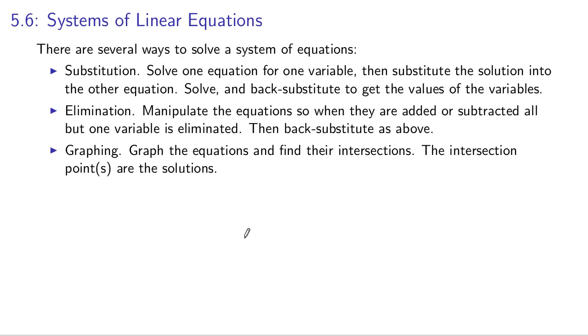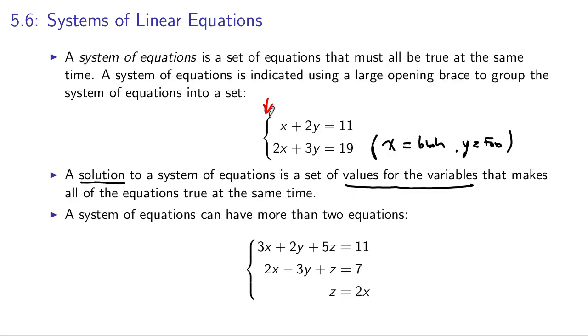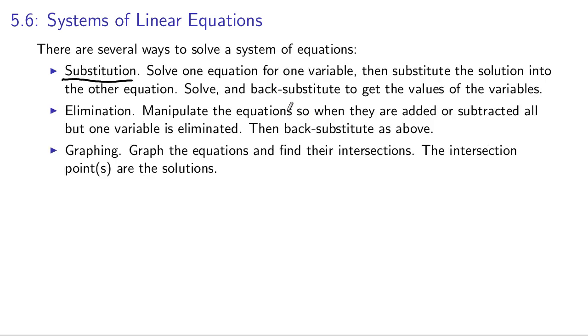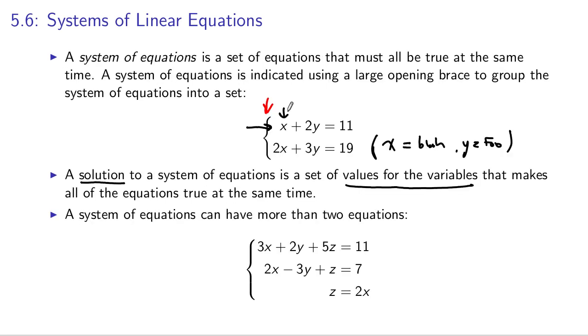There are several ways that we will use to solve a system of equations. The first is substitution. In substitution, we solve one equation for one variable. So going back to this example, we could solve this equation for x, then substitute what we find into the other equation.